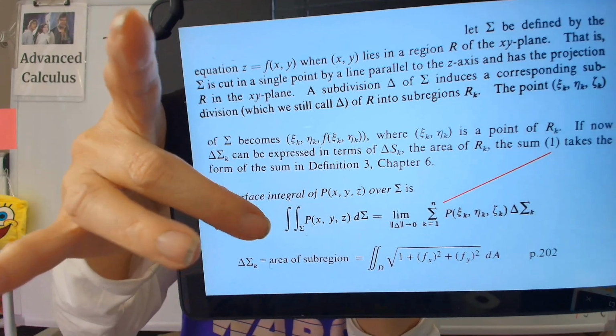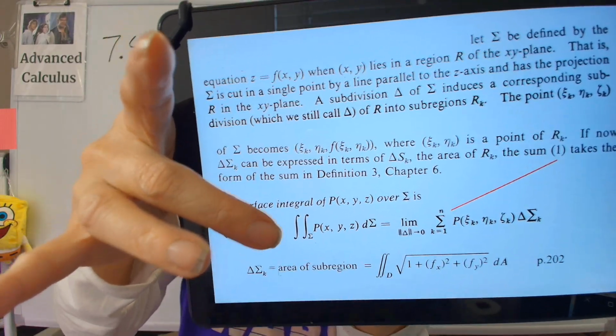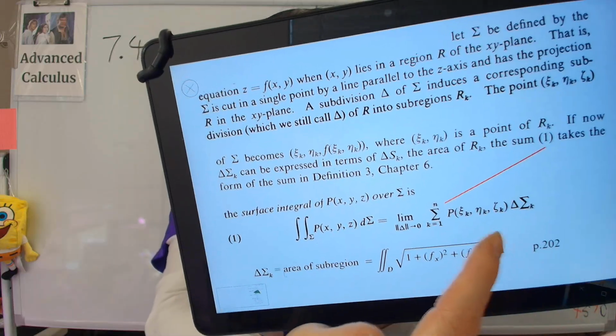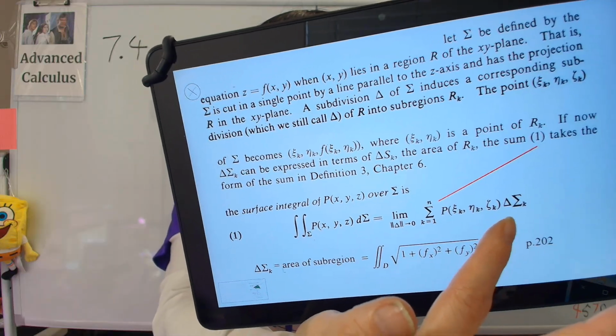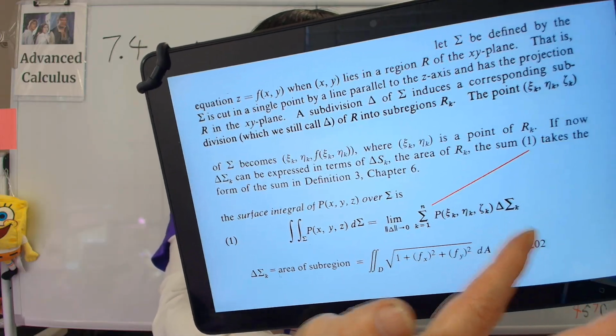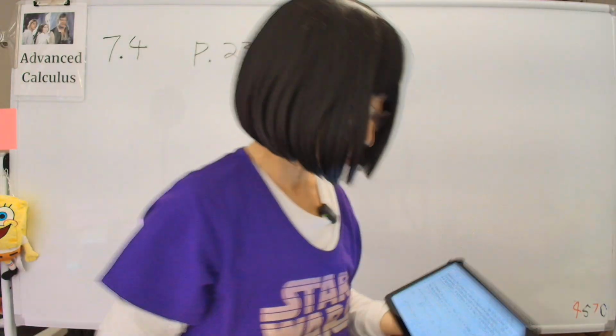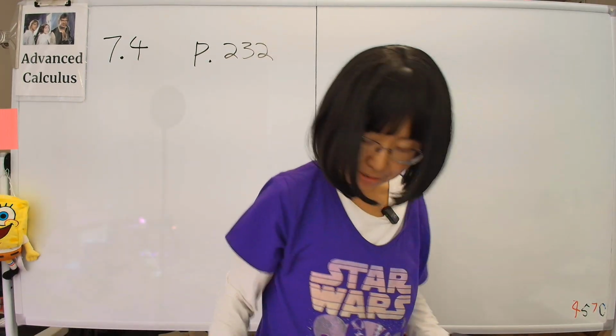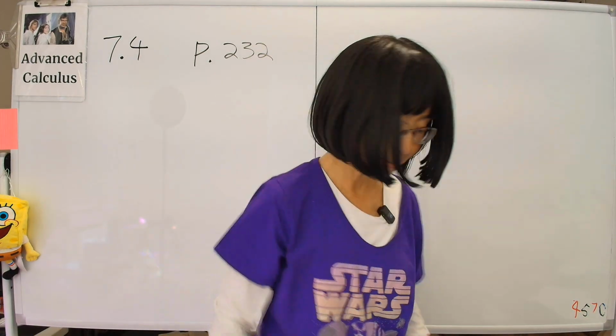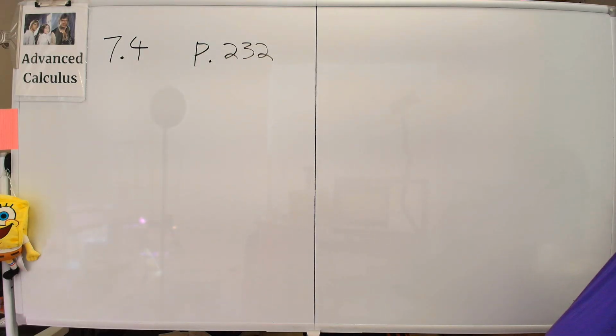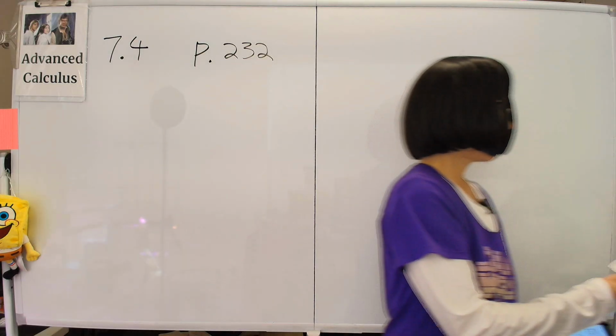That is, we can then calculate delta sigma k as a multiple of delta s, like definition 3, chapter 6, which is, let me find it. No, that's not it. Definition 3, chapter 6. This is it.